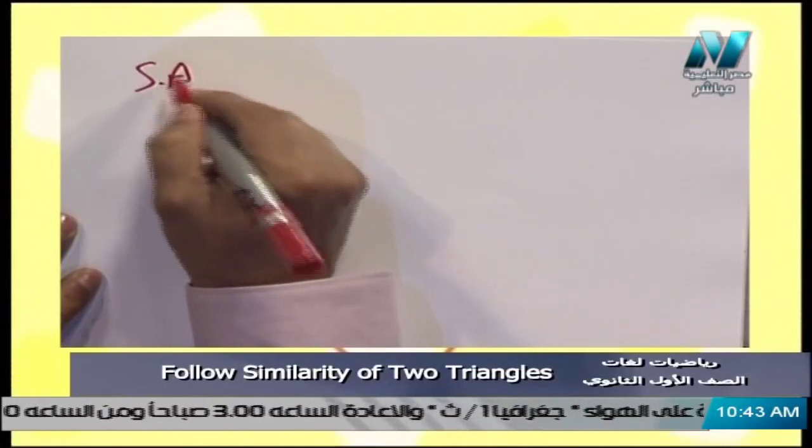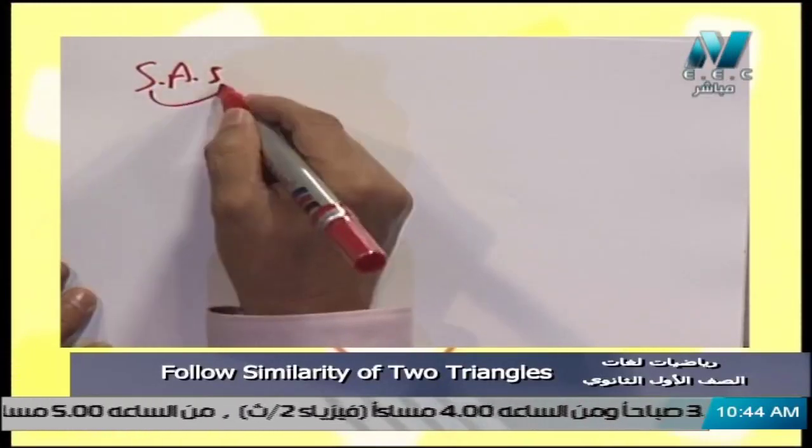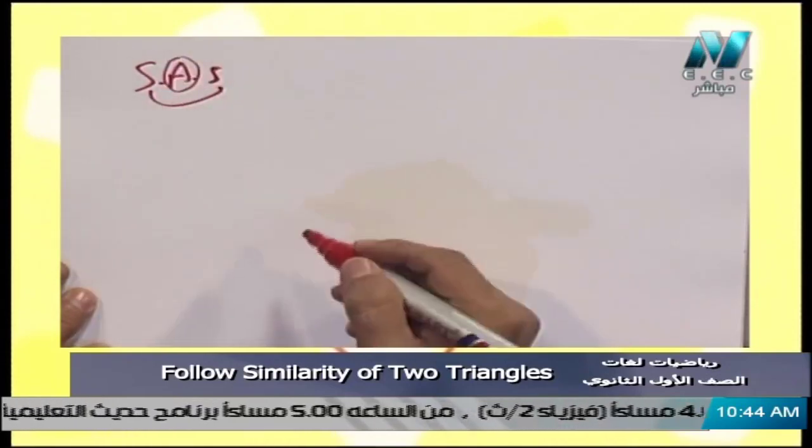And the second case, SSS similarity, which means that each two corresponding sides are proportional, so the two triangles are similar. Let's move to the third case, which is SAS similarity. What is the meaning of SAS similarity? SAS similarity means a side and another side, including a specific angle.